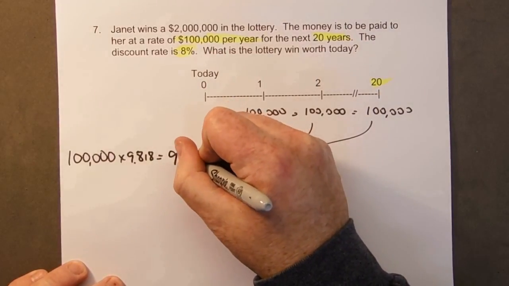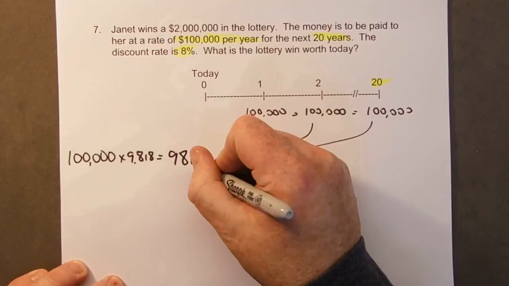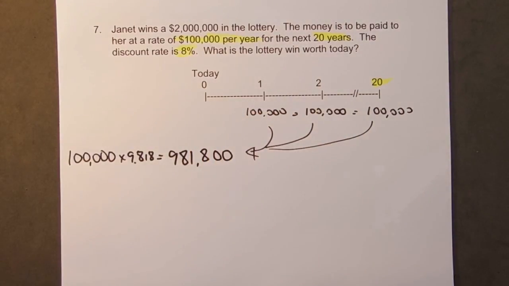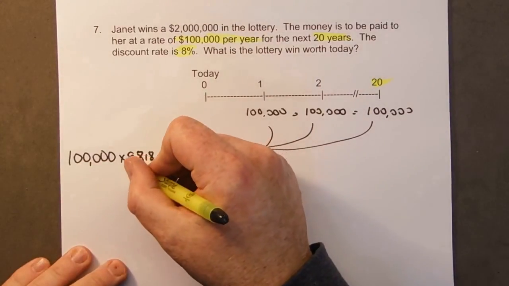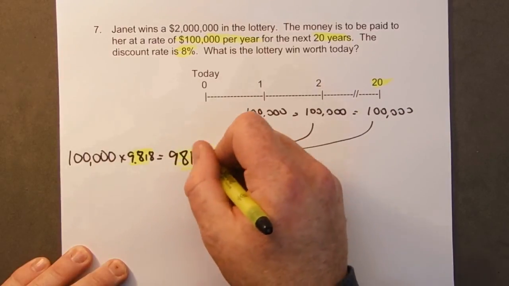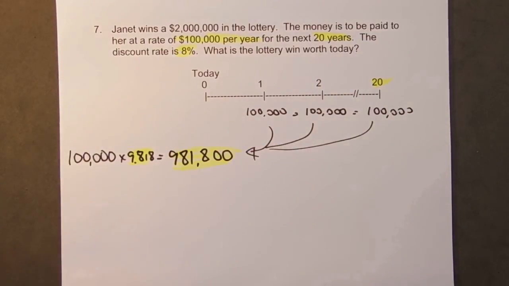Alright, so Janet really didn't win $2 million. Janet won $981,800. So she didn't win $2 million, but she's probably still pretty happy. Okay, let's go on to page 8.